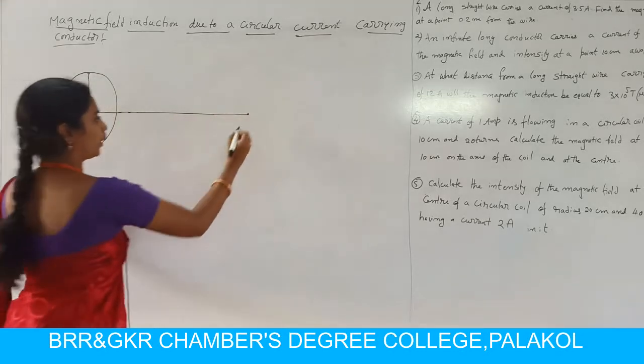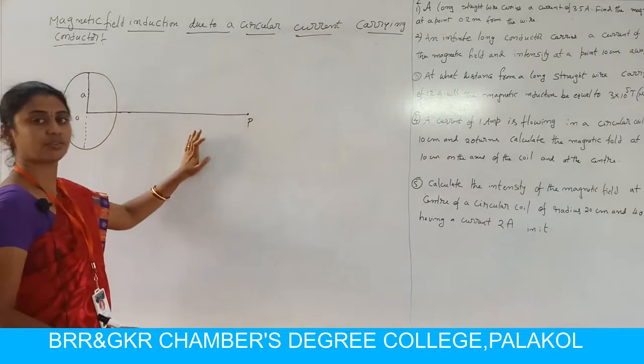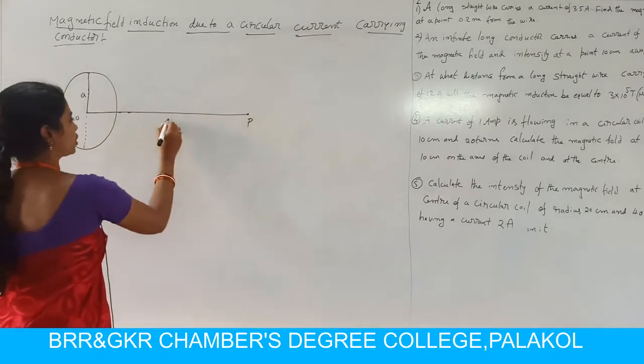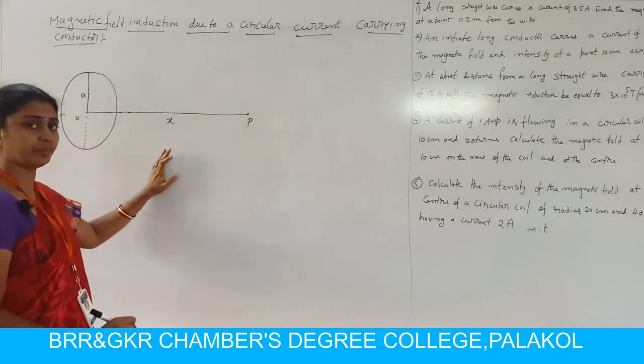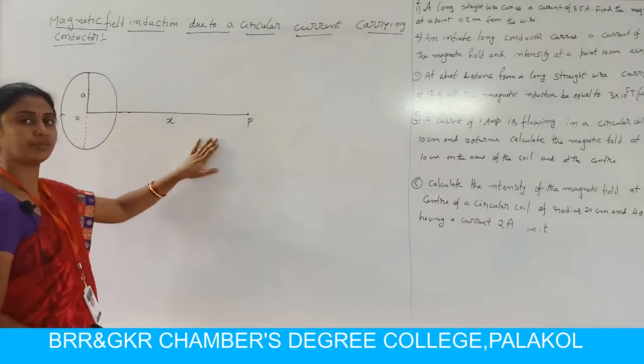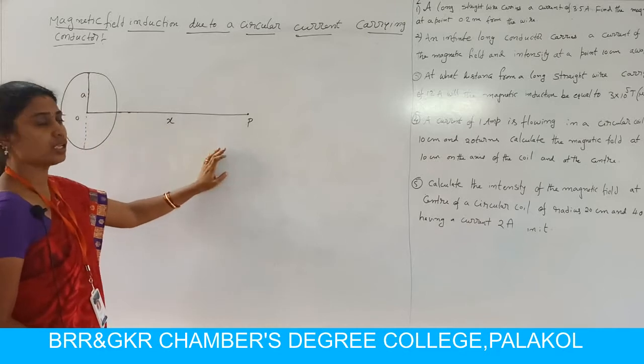We consider a point P on the axis of the circular loop, at a distance x. For calculating the magnetic field, we consider the point P on this axis of the circular loop.